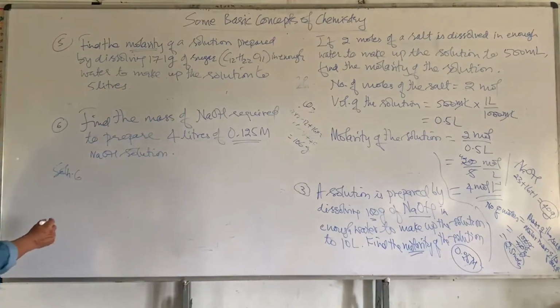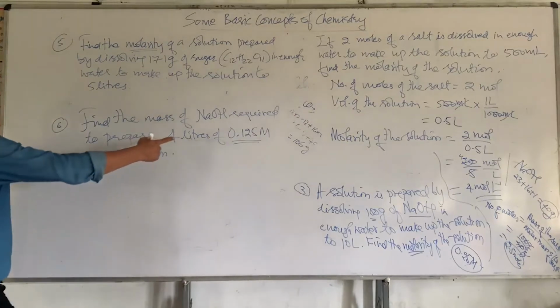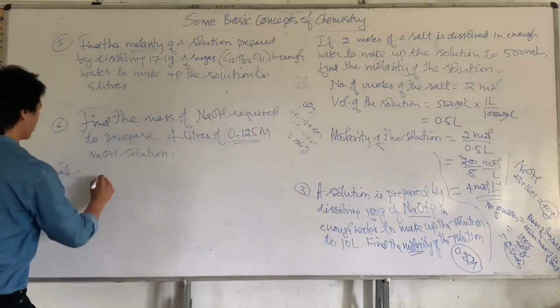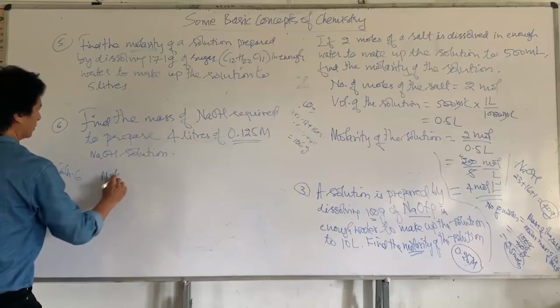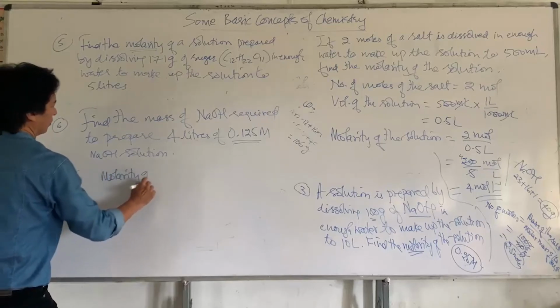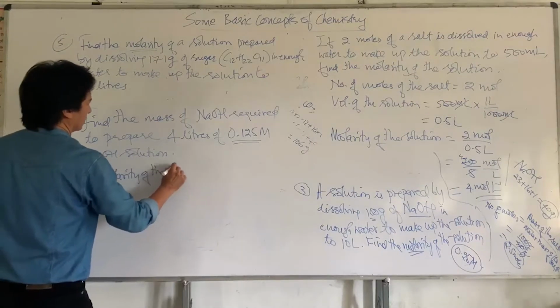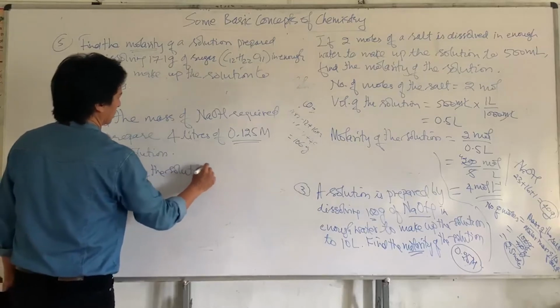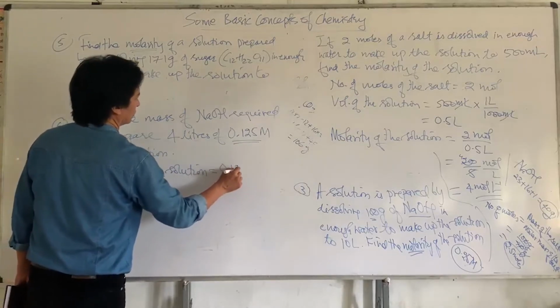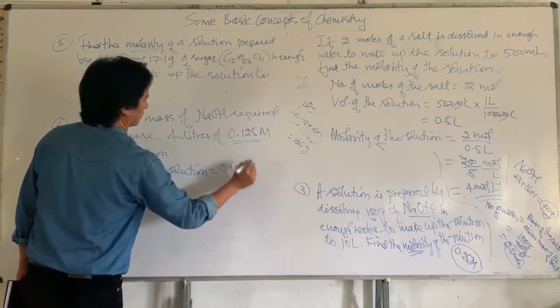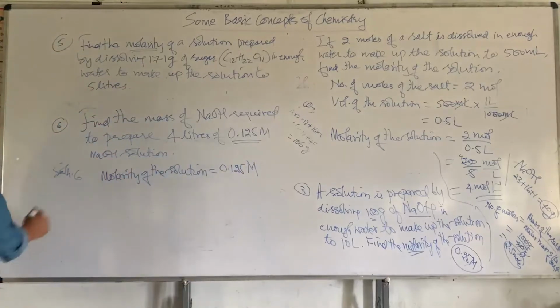So to find the mass, you know that number of moles of any substance is given by the given mass of the substance divided by the molar mass. So let's see here what you are given as molarity of the solution, right? You write molarity of the solution is given to be 0.125. Okay, capital M means molar solution.